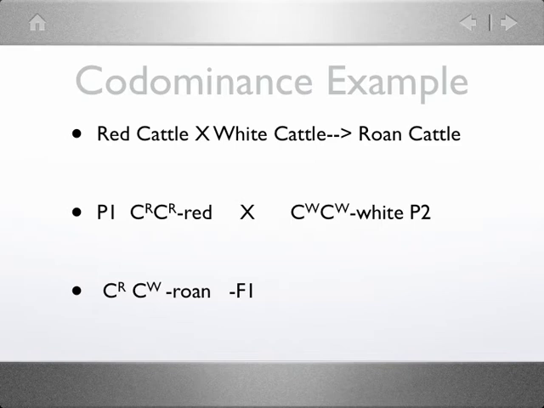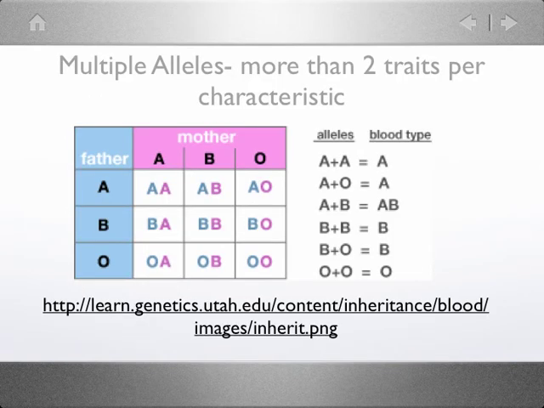And so this big C at the base means it's on the same location, and the big R at the exponent position tells us it is purebred. It has two big R's, and then the two big W's tell us that is white. And then the F1 will be big C^R, big C^W. And again, this is just to remind us we're not talking about two different characteristics. We're talking about one. And so that last one was codominance.